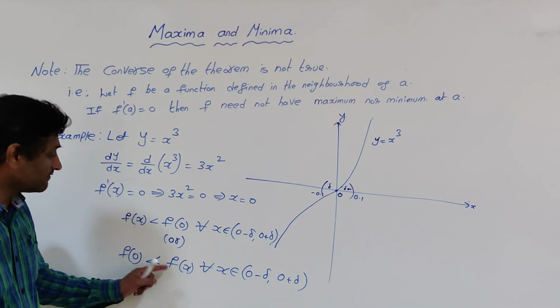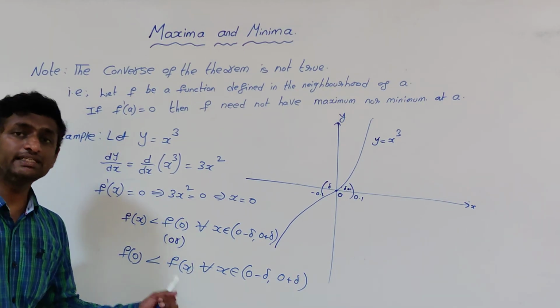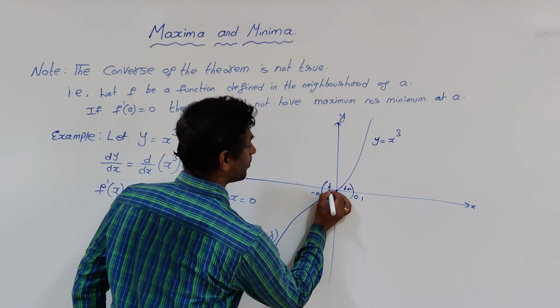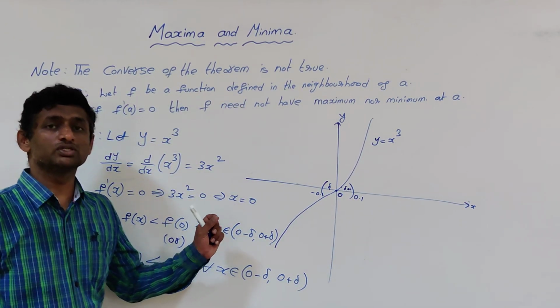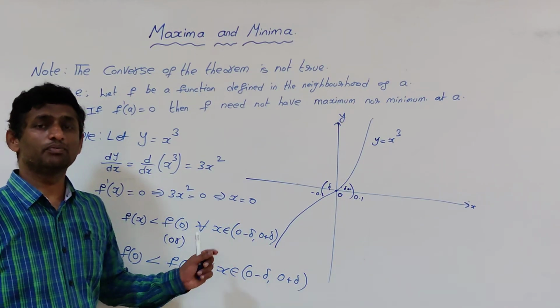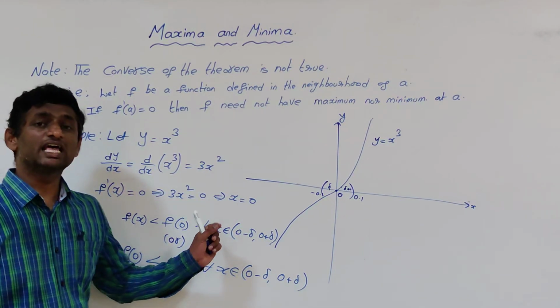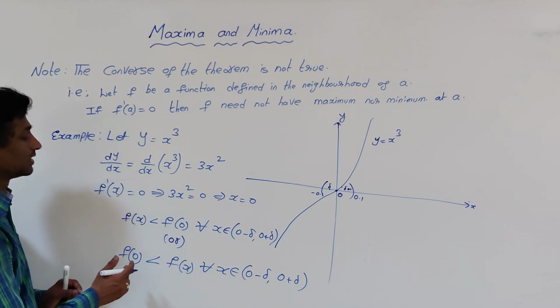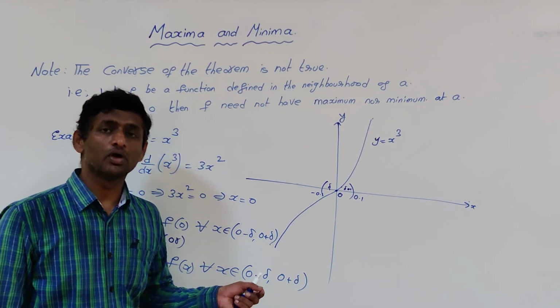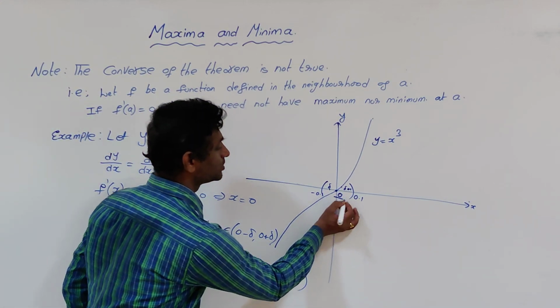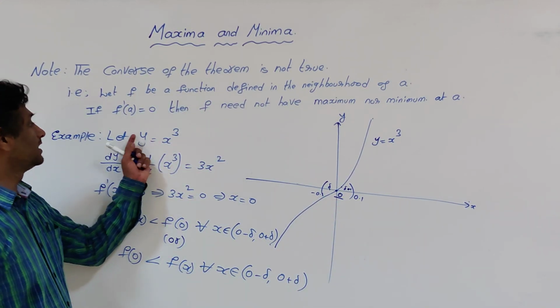No, there are some values which are less than 0 also. If x is equal to minus 0.001, then the function will be minus 0.000000001, which is less than 0. So we can't say there is a maximum or minimum at x is equal to 0, though the derivative is 0.